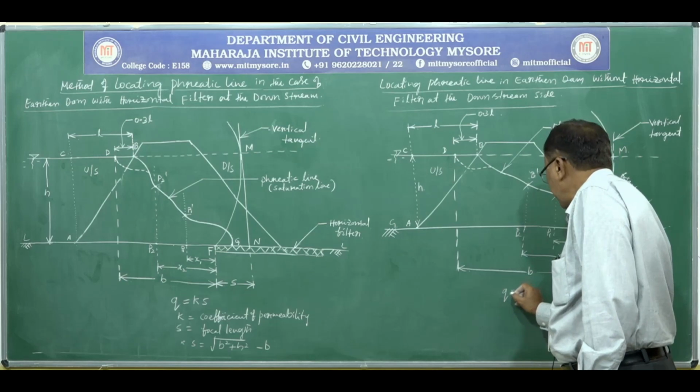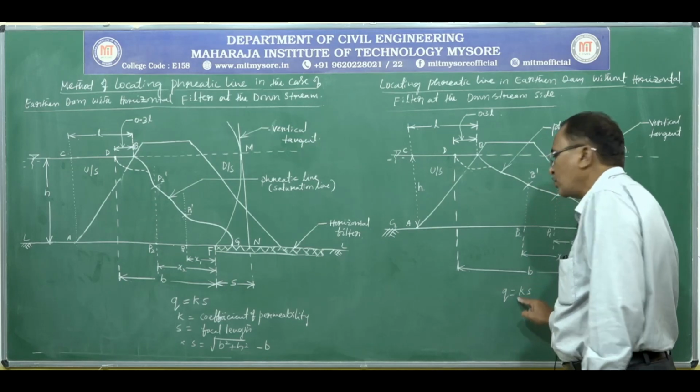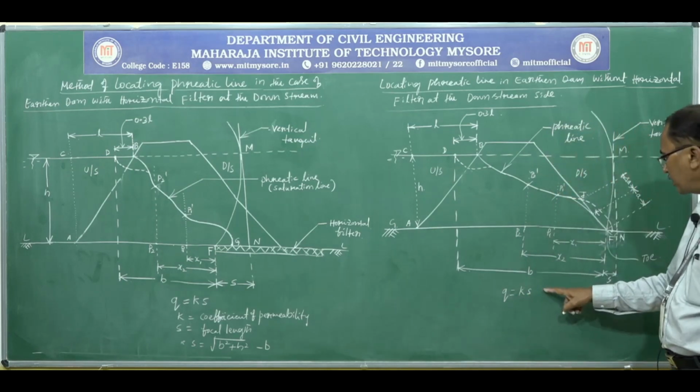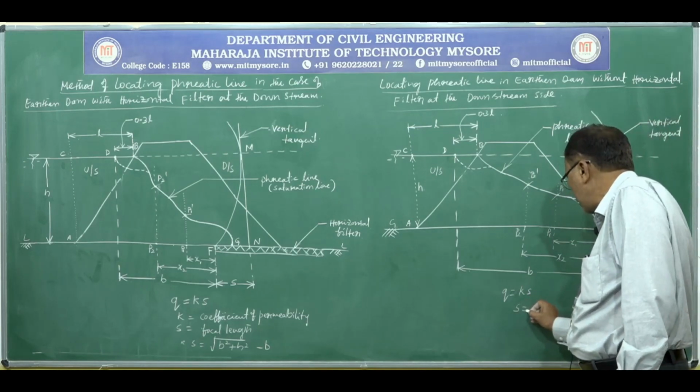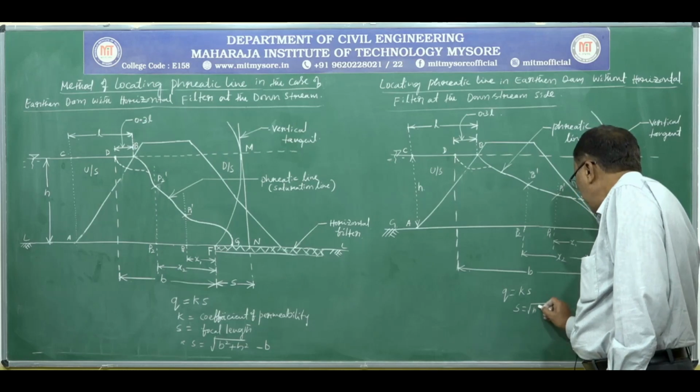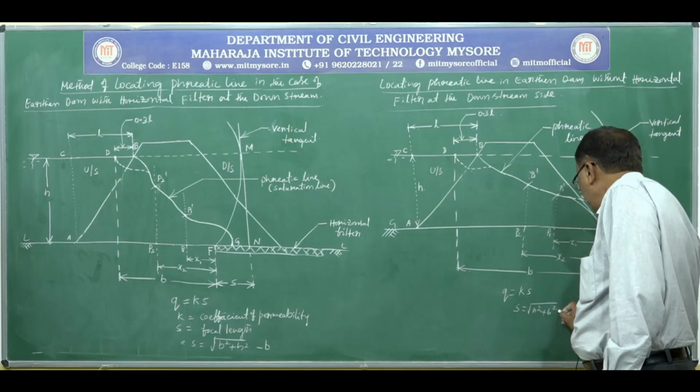Therefore, quantity of seepage Q is equal to K into S, where K is the coefficient of permeability and S is the focal length. This focal length can be obtained by using the relation S is equal to root of H square plus B square minus B.